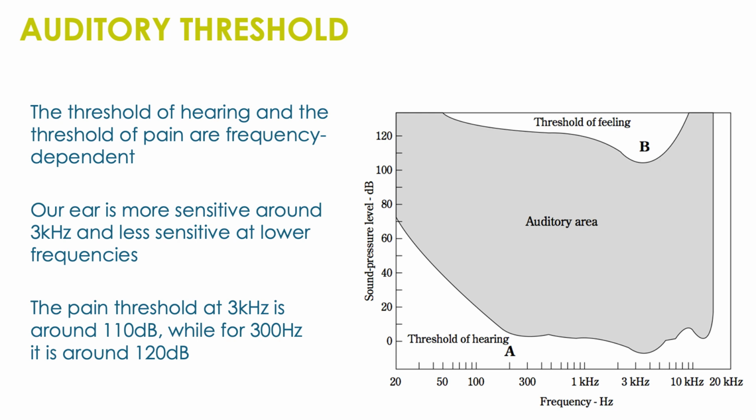At lower frequencies, like 300 Hz, the pain threshold increases to around 120 dB, as depicted in the figure. This explains why sounds in the mid-range frequencies feel more intense even at the same sound pressure level.